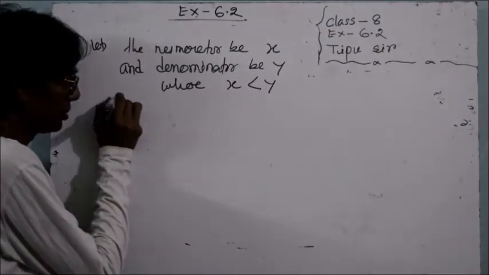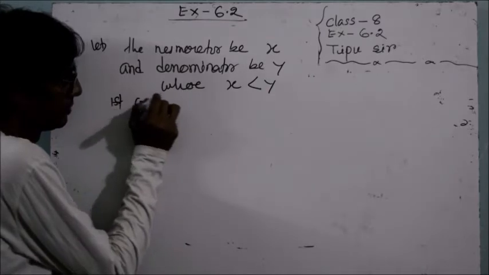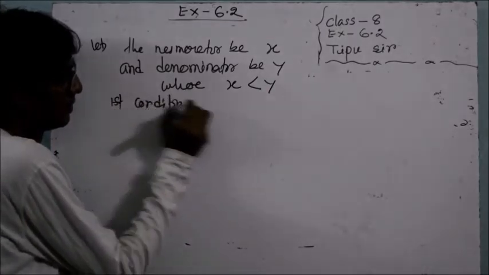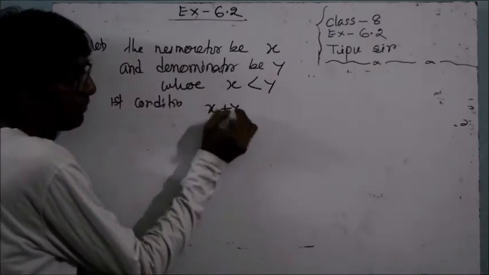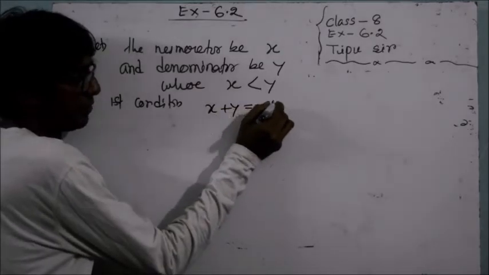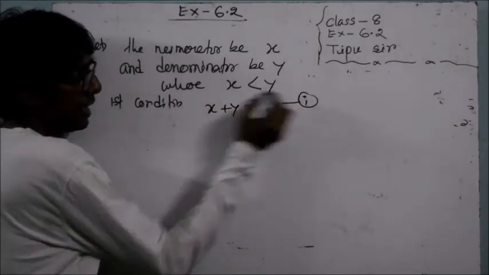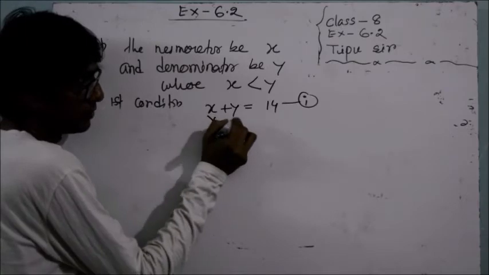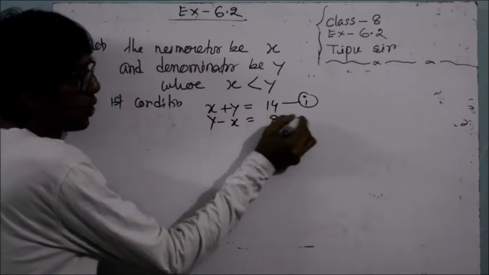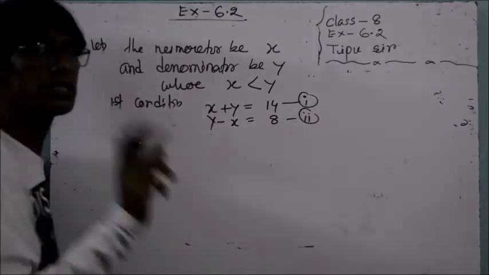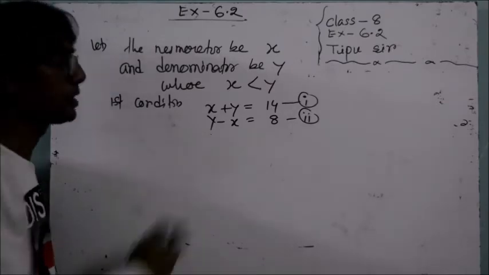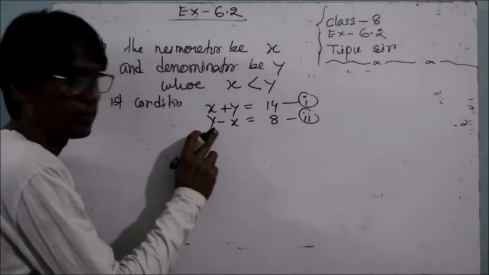So first condition, sum of the fraction is 14, and second condition, difference is 8. Why do I write it like that? Because it is a proper fraction, so the numerator is less and the denominator is greater.